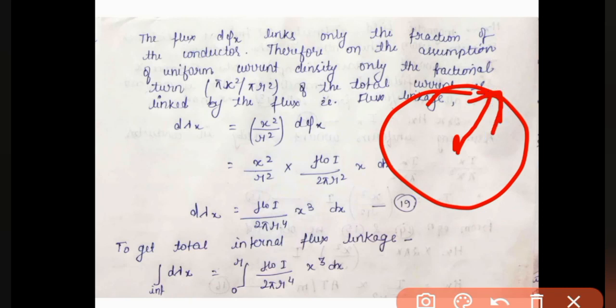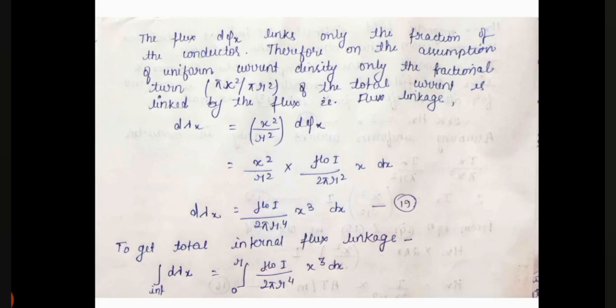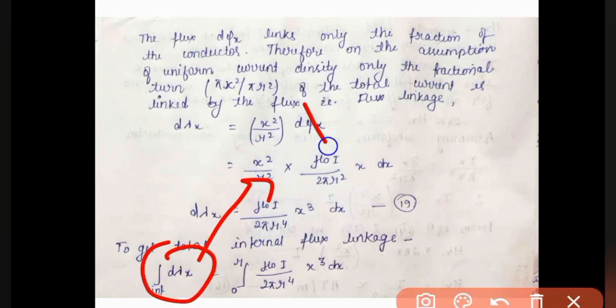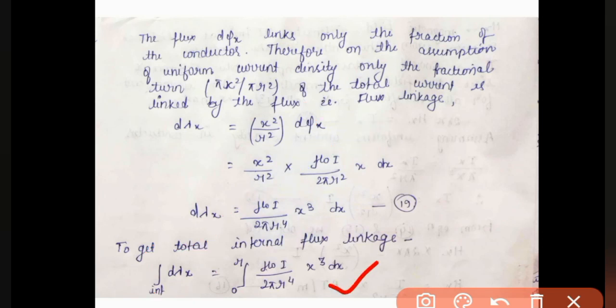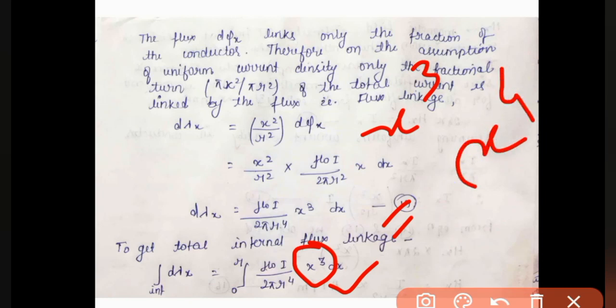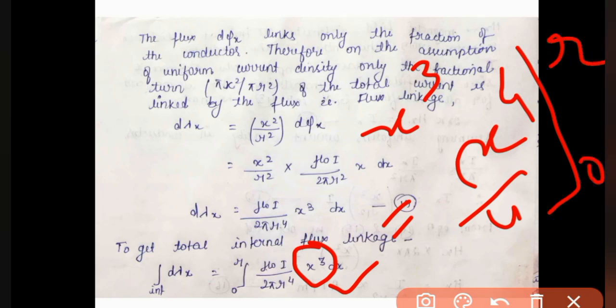That is why we are going from 0 to R. Now for integration, this equals lambda x, and on this side we have to integrate x cube. Integration of x cube is equal to x to the power 4 upon 4, limit 0 to R.